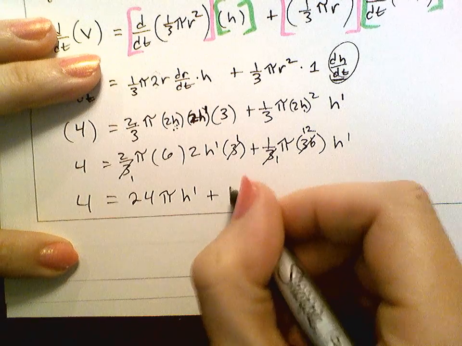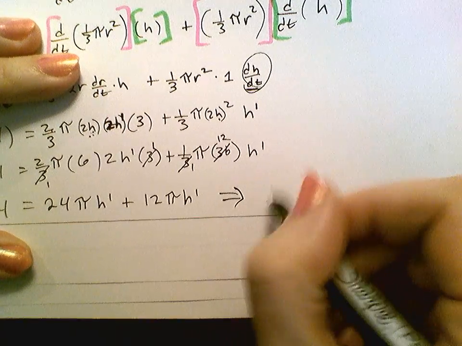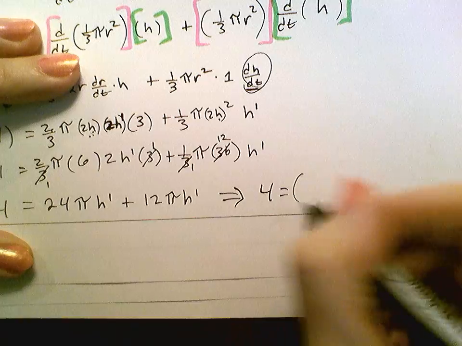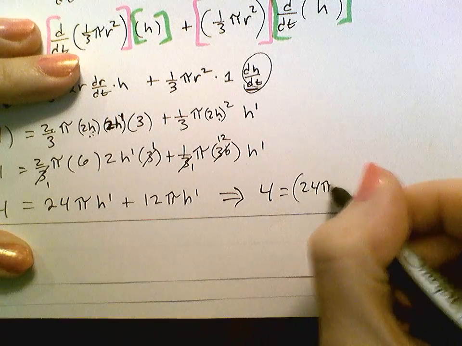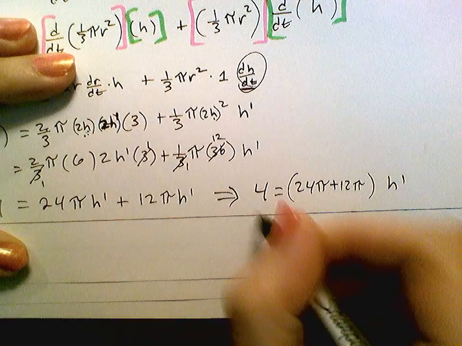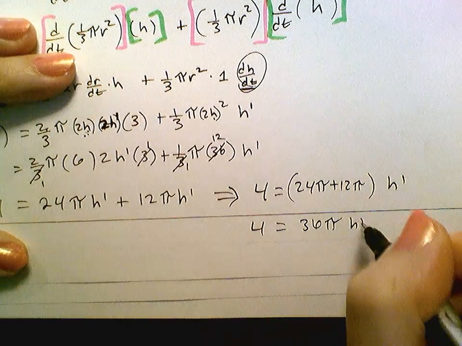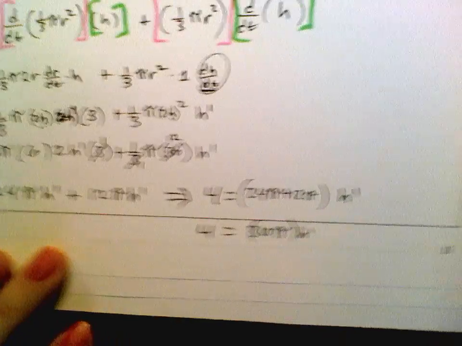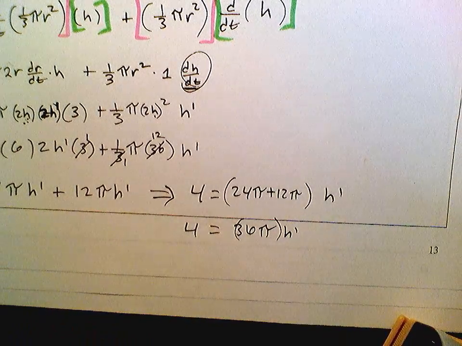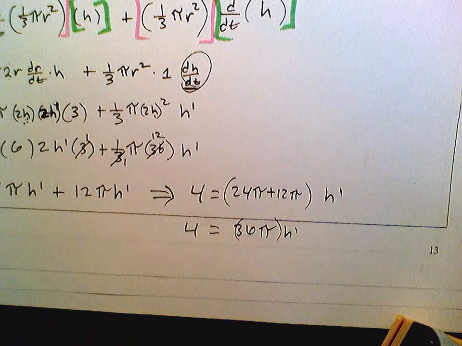plus 12 pi h prime. So you get that 4 is equal to, you could combine like terms actually, but I'm factoring out the h prime. So 4 is equal to 36 pi h prime. And then I divide both sides by 36 pi. Guys, this goes a lot faster when you're on your own.